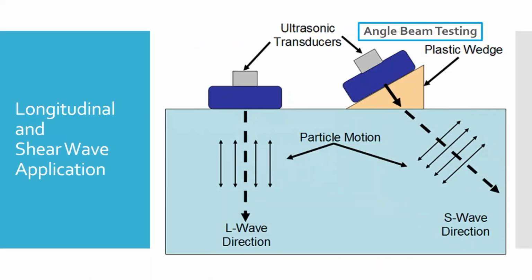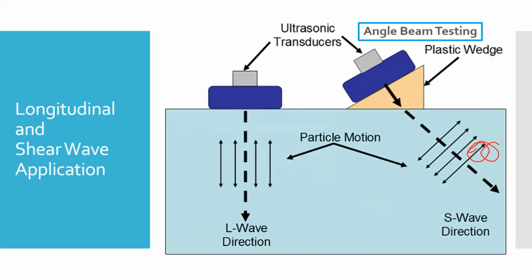So you can see the angle that the transducer is at is not necessarily the same angle that the sound is going to travel through the part. Okay? And so what that'll do is, now if we have a discontinuity that is off to the side a little bit, it is going to cause sound to bounce back, and it's going to alter that shear wave that we see. So now we can use that to test off the side.